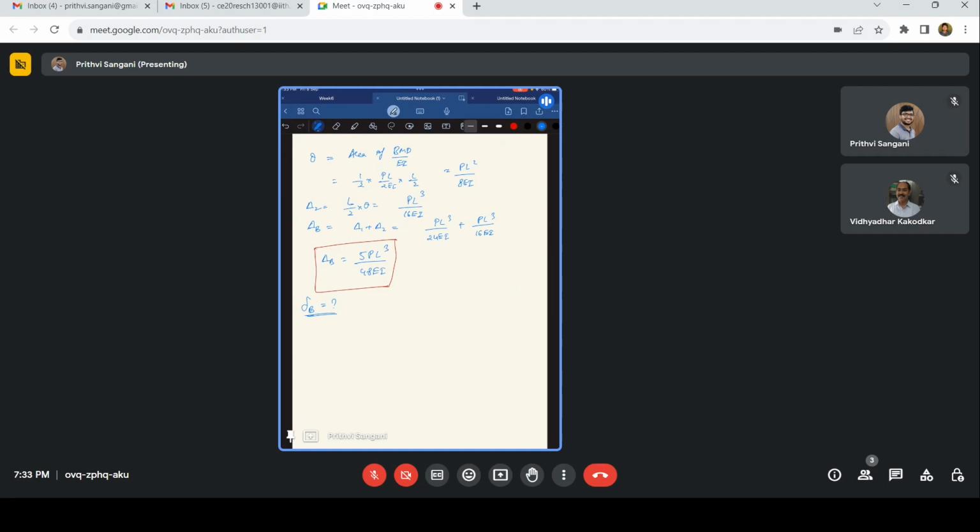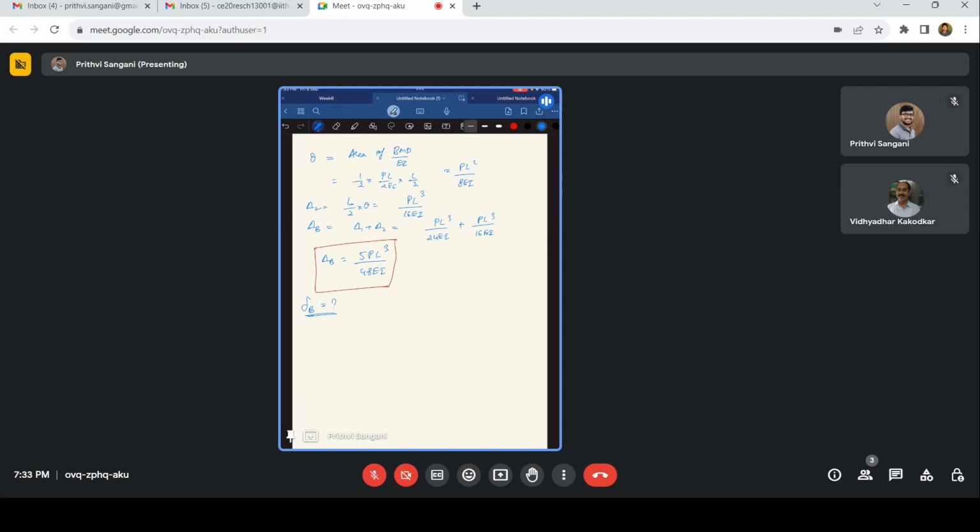And the distances: this is A, B, this is C. So we have this as 9 meters and this as 6 meters.